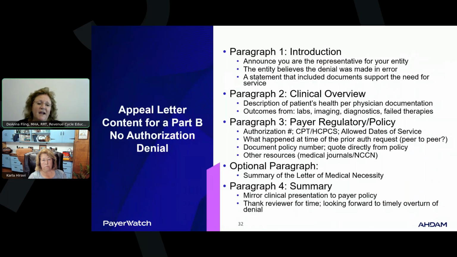Now, the denial letter that I teach and that I use on the back end for insurance specialists is slightly different than the one that I teach to authorization teams, clinical reviewers, and utilization management teams on how to draft an appeal. But it's very similar to the front office denied auth request.